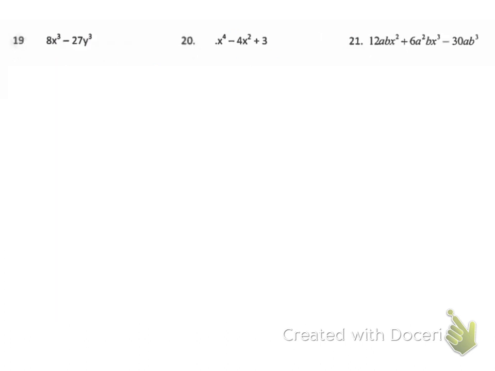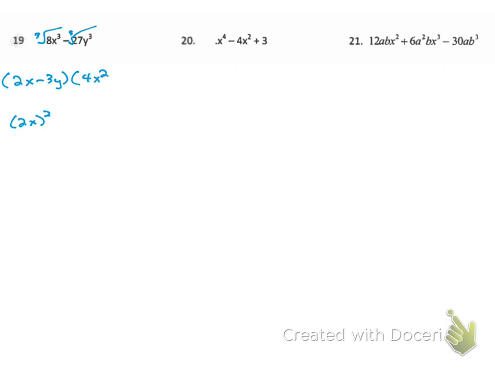All right. So here we have subtraction sign on 19, and both exponents are 3s. So I'm thinking difference of cubes. I can take the cube root of both terms. Cube root of 8x cubed is 2x minus cube root of 27y cubed is 3y. So my trinomial, I square the first term. 2x squared gives me 4x squared.